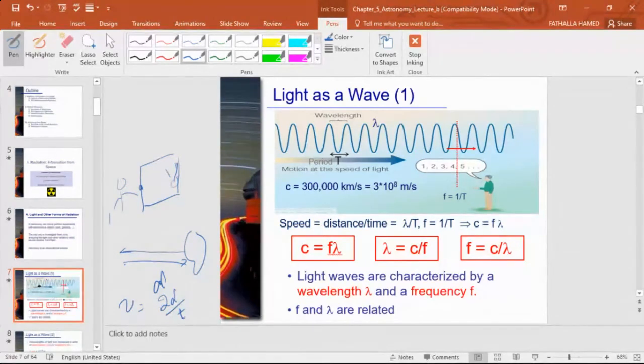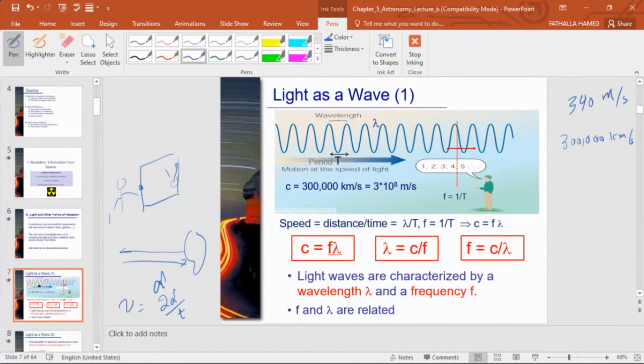Now, just to give you an idea, the speed of sound is about 340 meters per second. That's about 1,000 something kilometers per hour. But the speed of light, as we discussed, is 300,000 kilometers per second.